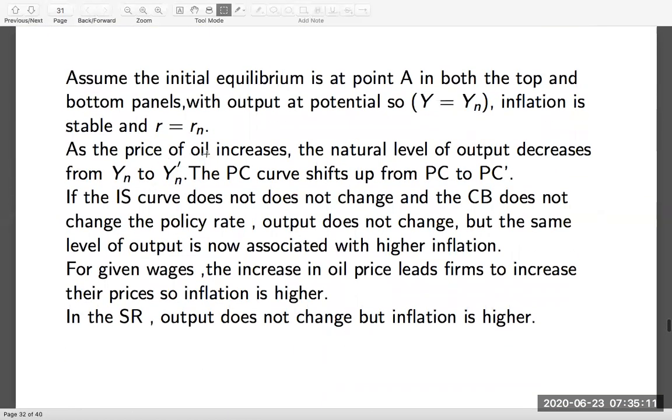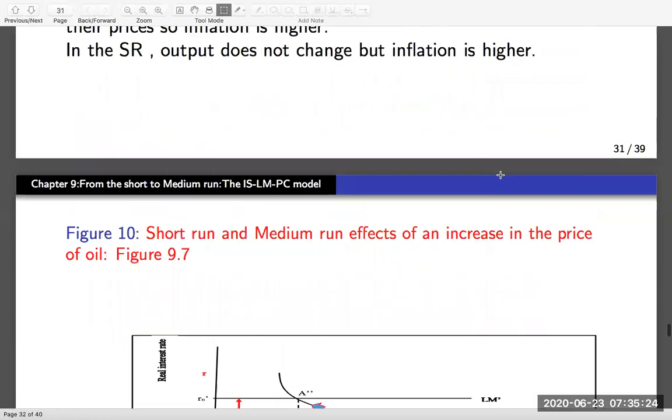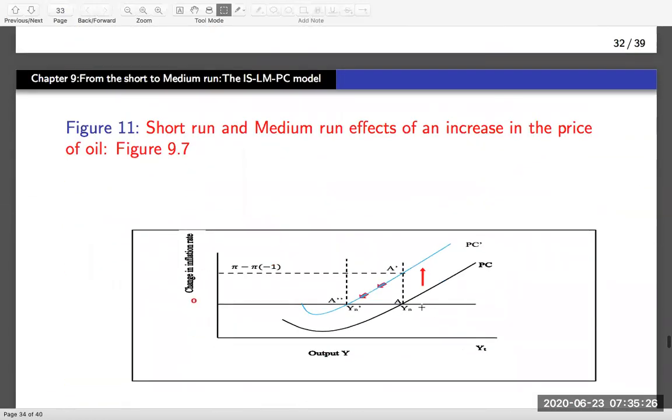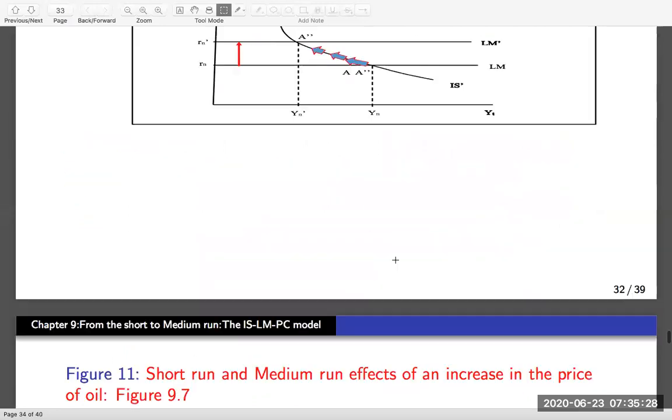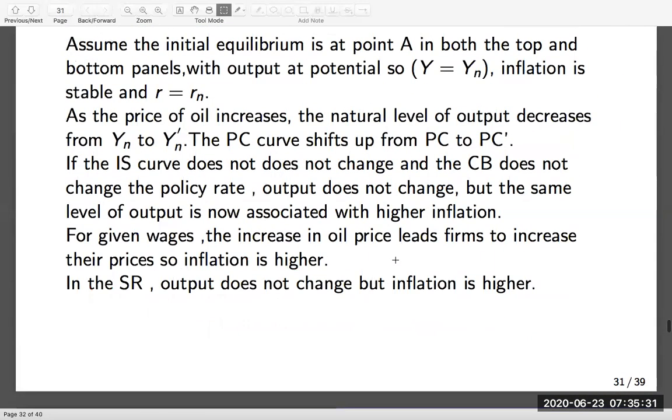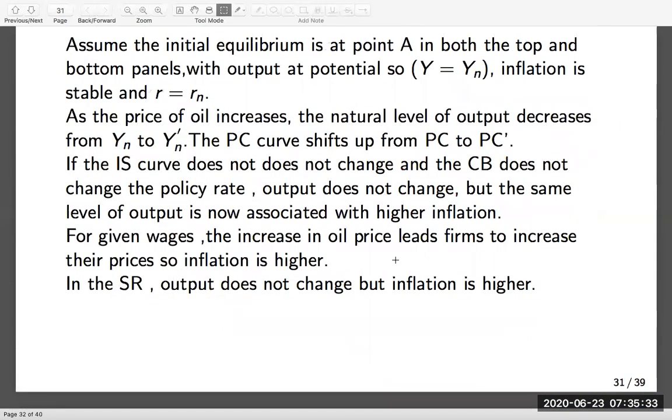So as the price of oil increases, the natural level of output decreases from YN to YN'. The PC curve shifts up from PC to PC'. So this is what is shifted from here to there, right? So we know that there is a shift in our Phillips curve.